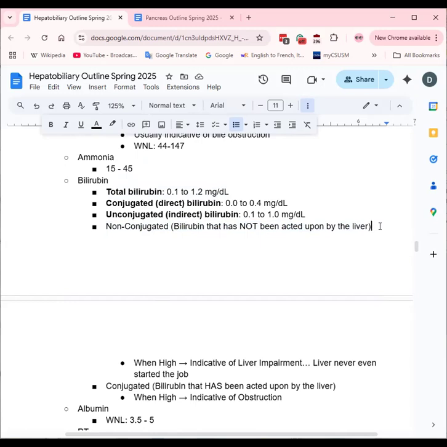So the liver didn't even get to it. Why might that be the case? It's because the liver itself is impaired. When you have high amounts of unconjugated, it means the liver couldn't even start the job because it's so impaired. It's late to the job. It couldn't even make it there.